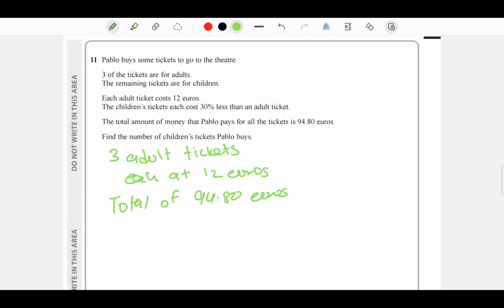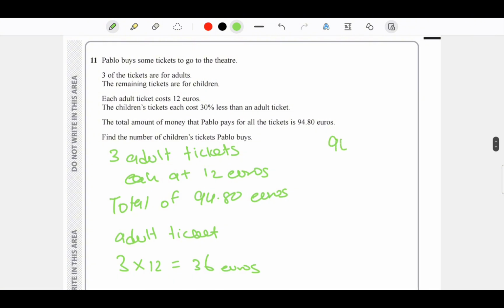So for the adult tickets, he spent a total of 36 euros. Out of the 94.80 total euros spent, we know that 36 of it was for adult tickets, which means there would be a balance of 58.80 euros.